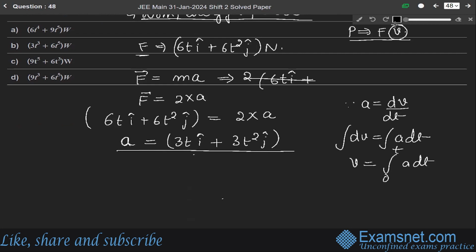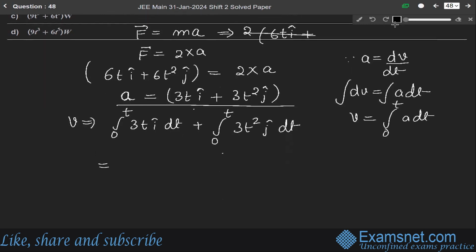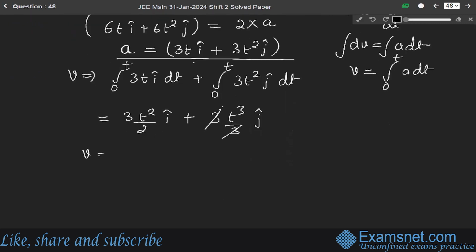Applying this, velocity equals the integral from 0 to t of 3t i cap dt plus the integral from 0 to t of 3t square j cap dt. This will be equal to 3t square by 2 i cap plus 3t cube by 3 j cap. The 3 cancels, so we get velocity equal to 3 by 2 t square i cap plus t cube j cap.